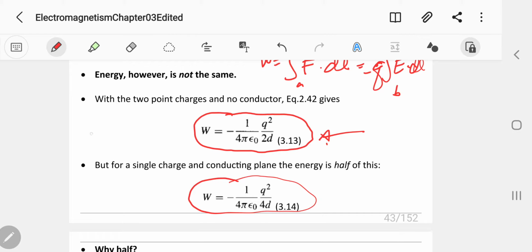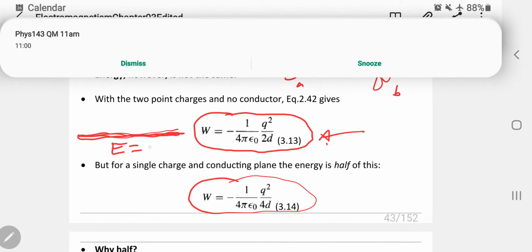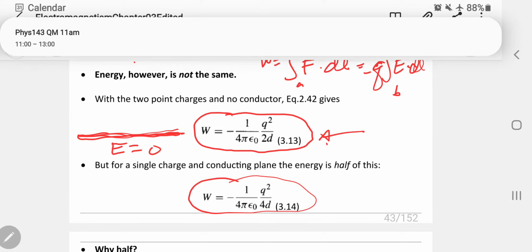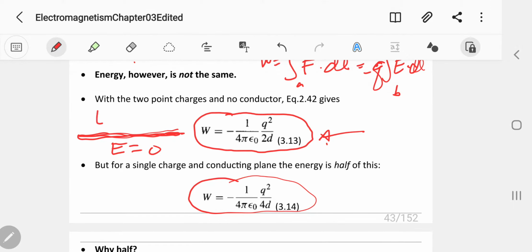But note that if this is your charge distribution here, the electric field here is equal to 0. But the electric field here is not equal to 0. So only this part will hold a stored energy. For the entire system, this would be the total stored energy, but in reality, only half of this has the energy.